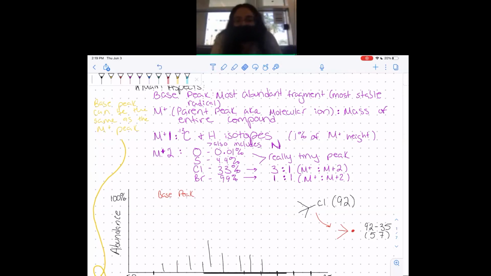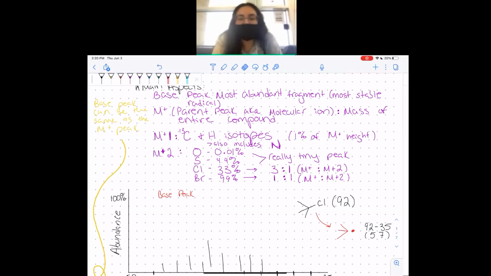So the M plus 1 peak is basically telling us about the carbon, hydrogen, and nitrogen isotope percentages. And so essentially every single molecule that we're going to look at has carbons and hydrogens. Therefore, it's going to have a super tiny M plus 1 peak.